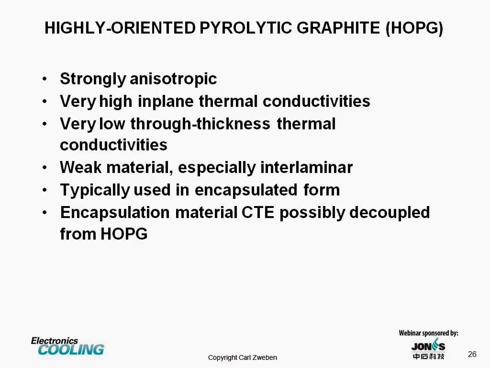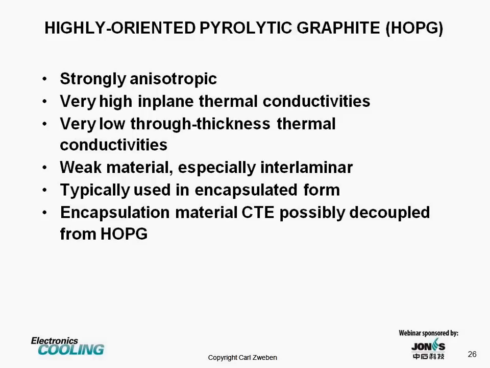Another form of graphite that is well established in thermal management is highly oriented pyrolytic graphite. This also is a strongly anisotropic material with very high in-plane thermal conductivities, low through thickness thermal conductivities. It's a very weak material. It's brittle, and especially weak in the interlaminar or through thickness direction.